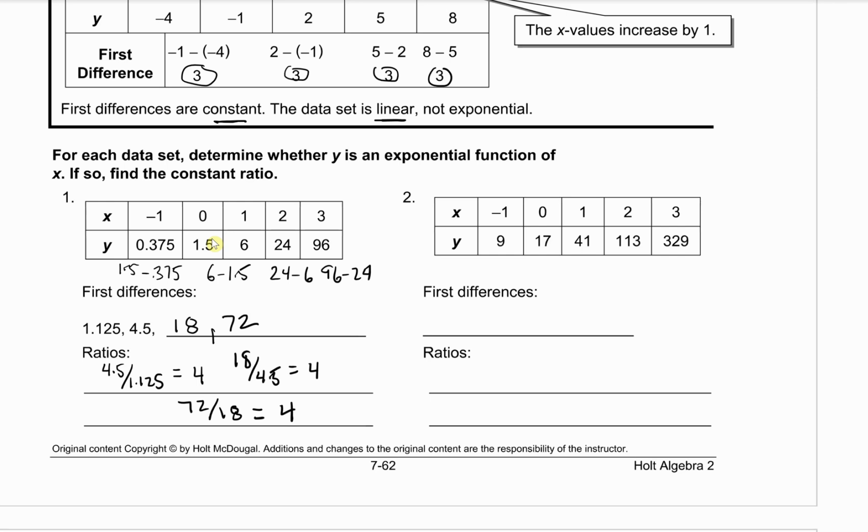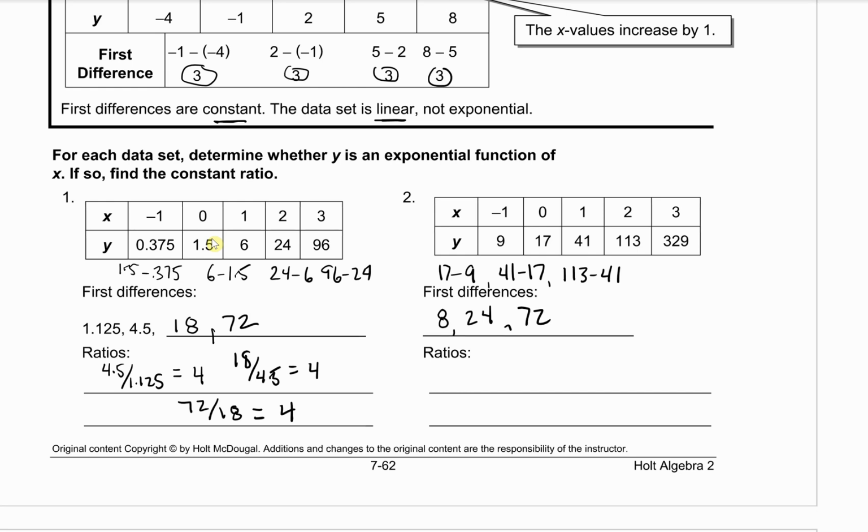Let's take a look at number 2. The first difference is 17 minus 9. 17 minus 9 is 8. 41 minus 17 is 24. 113 minus 41 is 72.